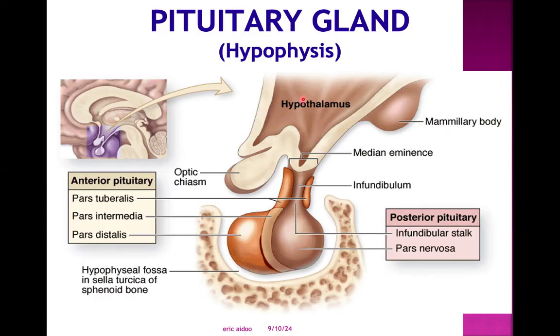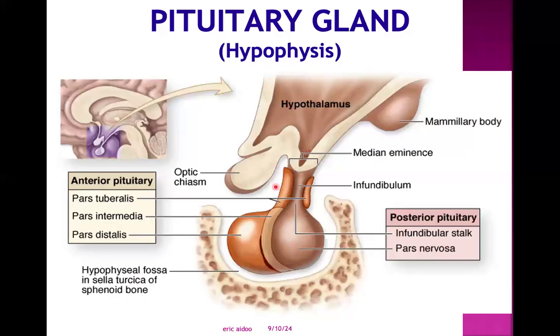Because the hypothalamus is related to the central nervous system and contains a lot of neurons, and shares the same material with the posterior pituitary, we sometimes call it the pars nervosa. You can hear the word nervous within it, as in nervous system or neurons. That is what is continuous with the hypothalamus through the infundibulum and then the median eminence.